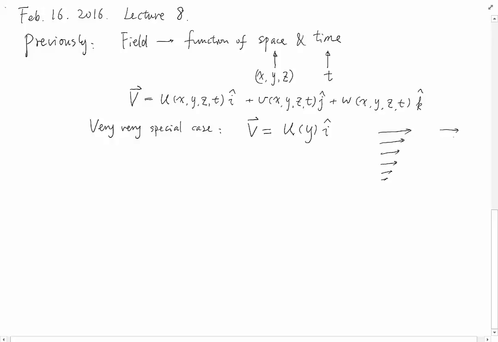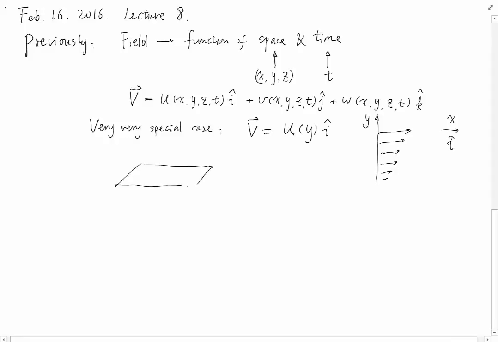This is our x direction, and this is our y direction. The velocity only has x component, but it's changing along the y direction. The most typical example we have used is flow between two parallel plates, something like this.